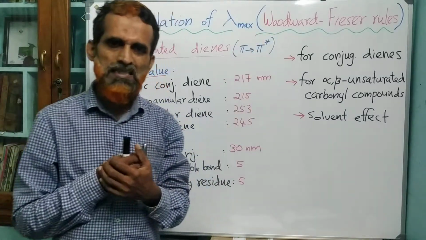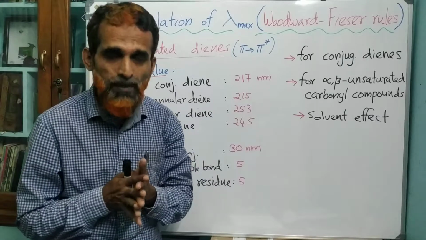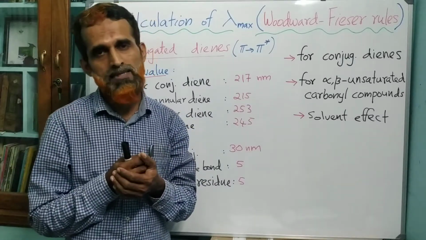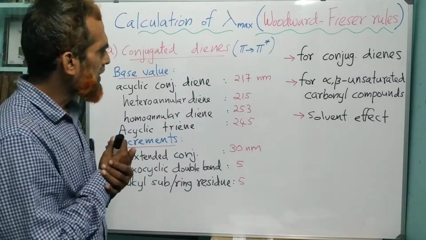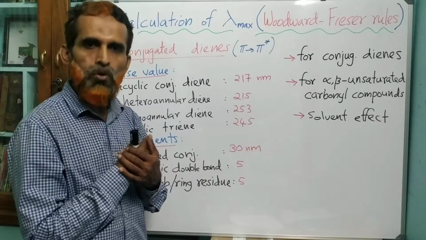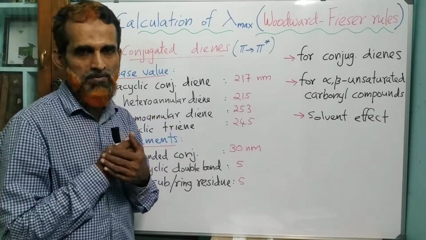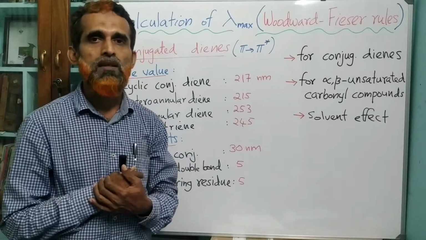Woodward and Fieser studied the electronic spectra of a large number of molecules and they formulated some empirical rules. It's an additive rule. We should have some basic data with us so that we can calculate lambda max of any compound.